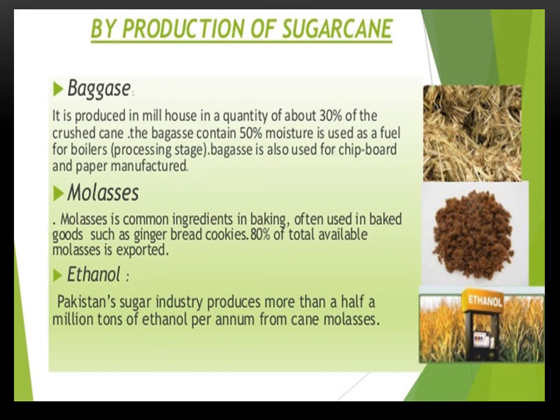Molasses are a common ingredient in baking, often used in baked goods such as gingerbread cookies. 80% of total available molasses is exported. These molasses are used to manufacture various types of acids in the chemical industries. Then another byproduct is ethanol. Pakistan's sugar industry produces more than 500,000 tons of ethanol per annum from cane molasses.